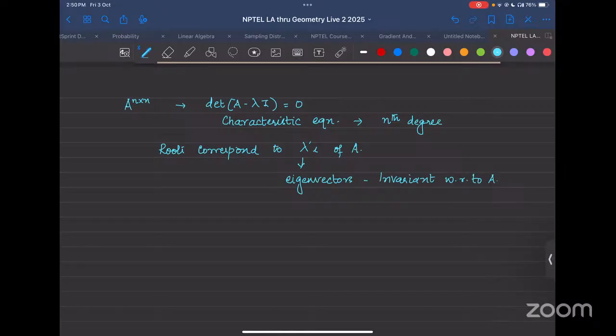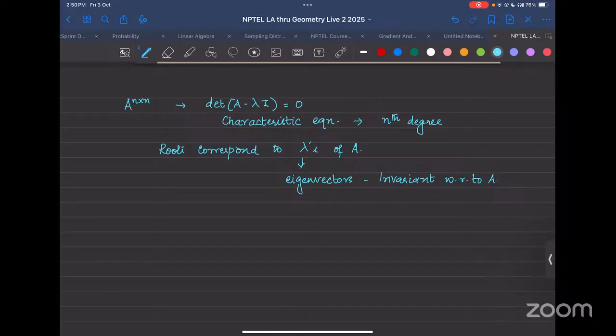If n is odd, say a 3 by 3, 5 by 5 or 7 by 7 matrix, one real eigenvalue, or real root, is guaranteed. The rest of the n minus 1 eigenvalues can be complex conjugate pairs.